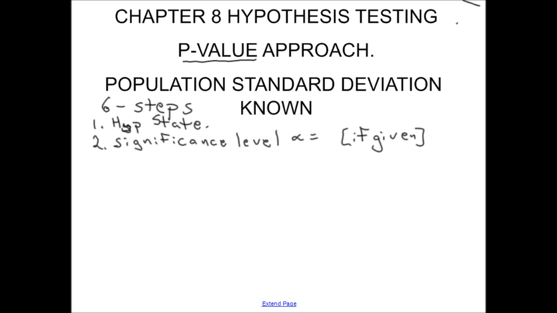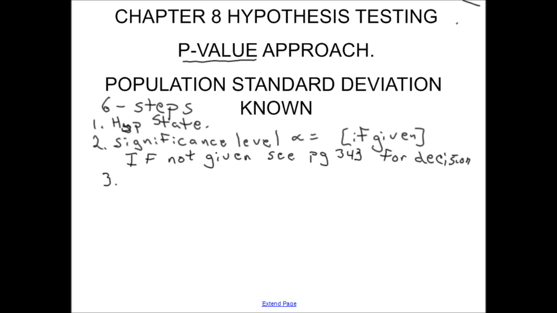So it's needed, but if it's not given, see page 343 in your text for decisions. Those are special cases, and I'm going to have you look in your page in your text for that.